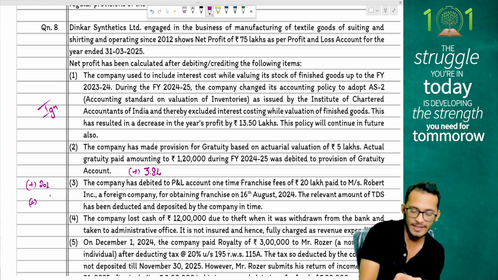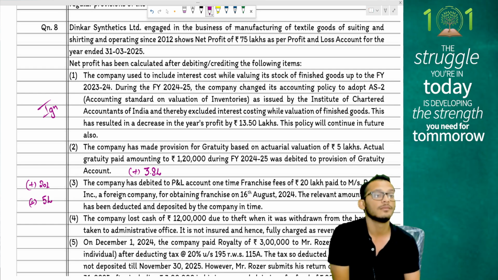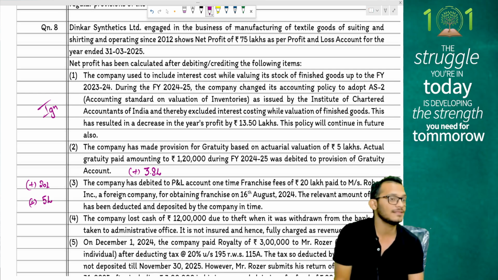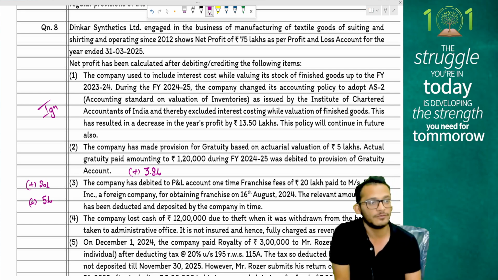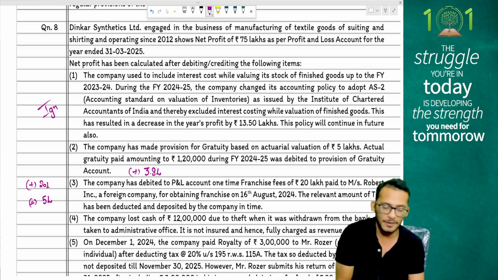Number is 5 lakhs. Sorry, 20 lakhs into 25%, 5 lakhs. People, sometimes what you're thinking may also not be correct. Always focus first on whether the item is capital or not, then move forward to other things.